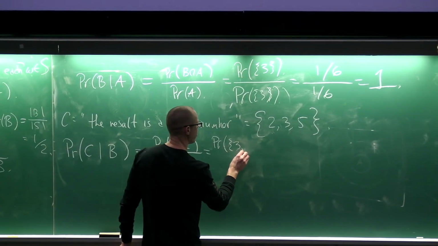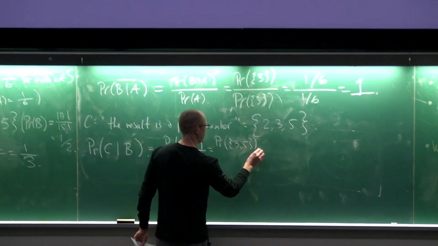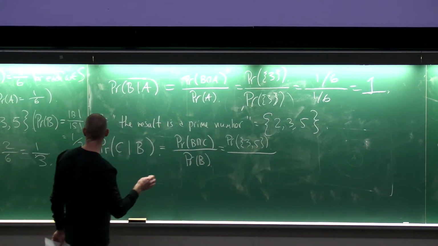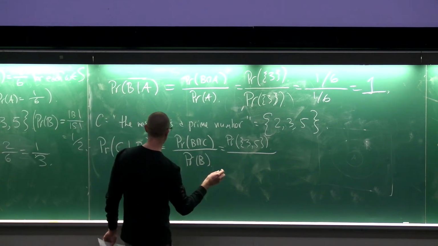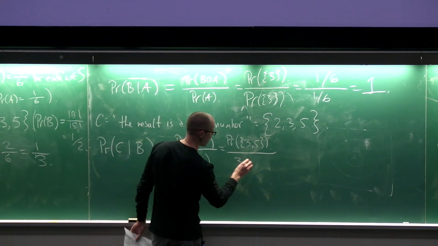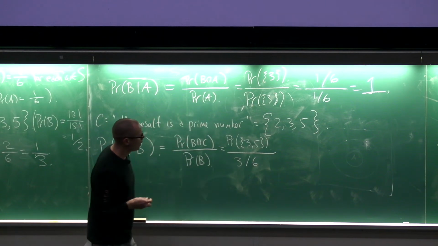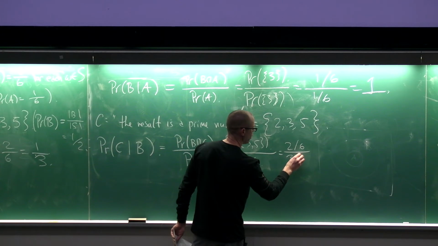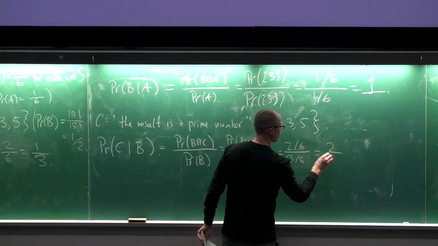Those are the primes that are odd. And the probability of B, we already figured that out, it was 3 out of 6, or 1/2. And so we get 2 out of 6 divided by 3 out of 6 is 2/3.